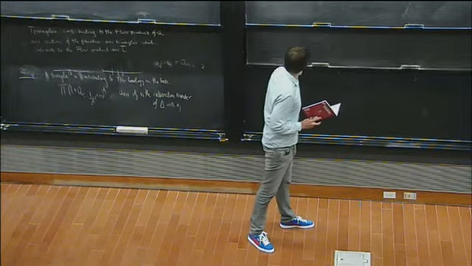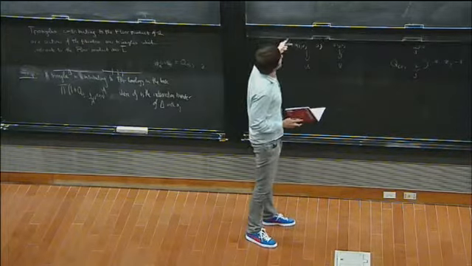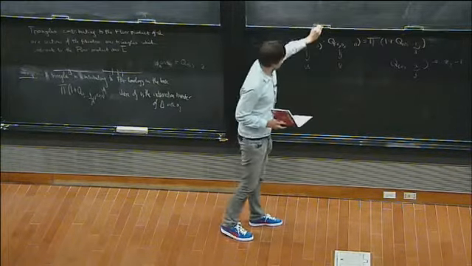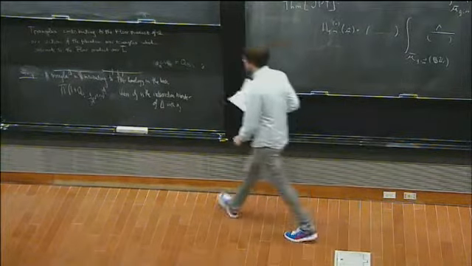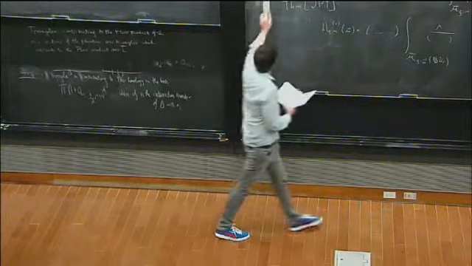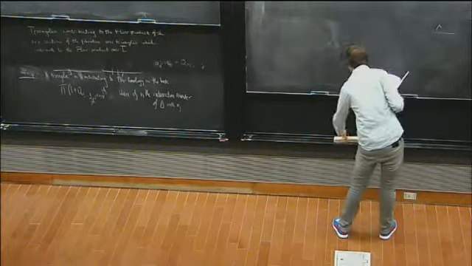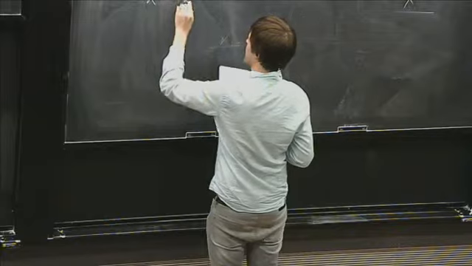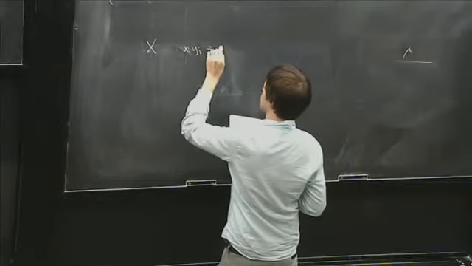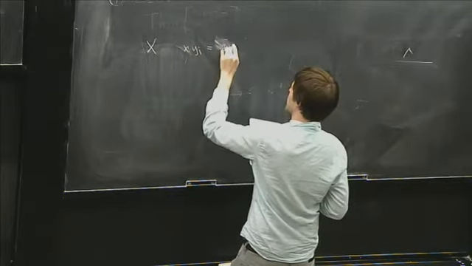So if we consider the mirror X that I had, you know that it's xi yi equal to the product of ai plus w.